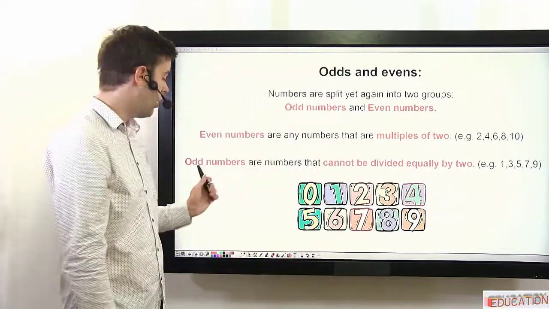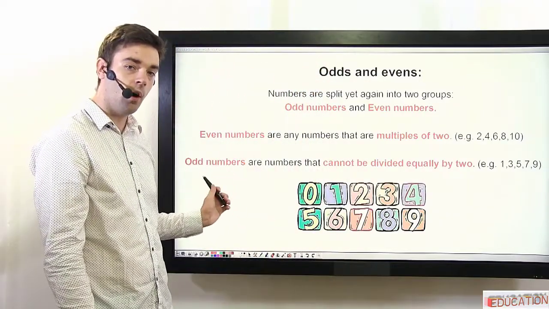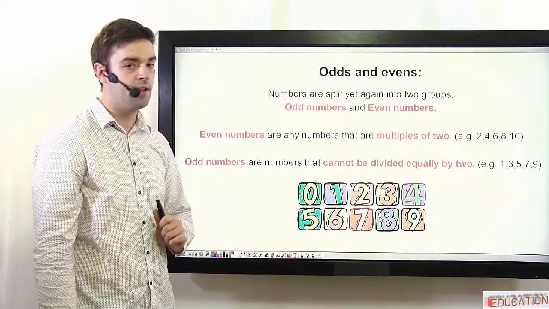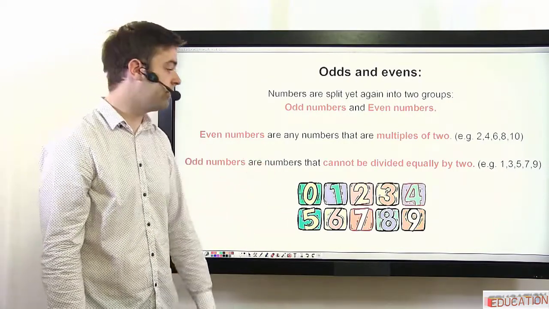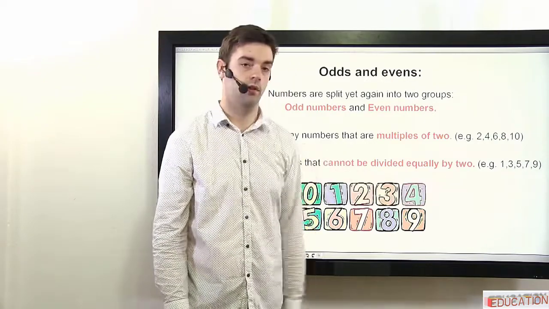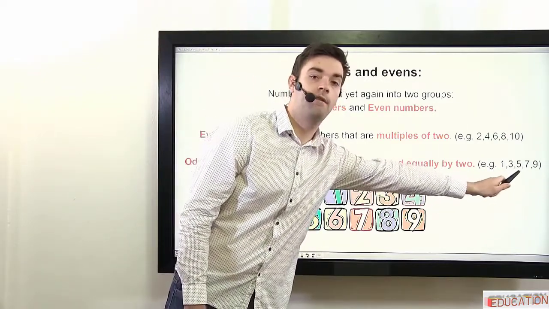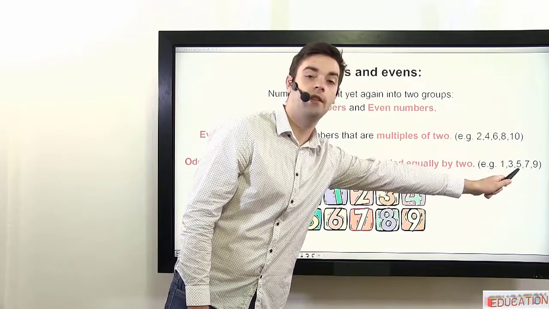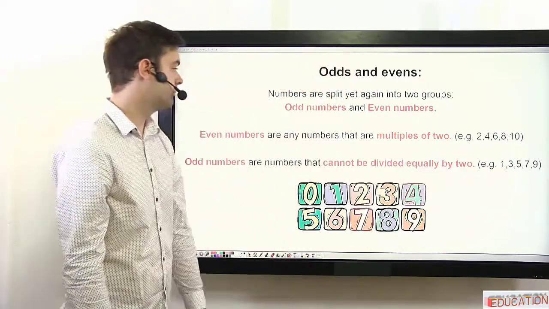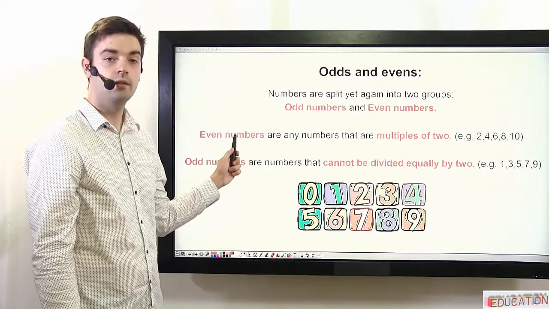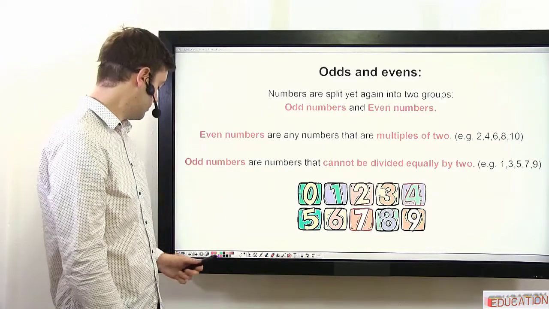And then we have the odd numbers, and these numbers cannot be divided equally by 2. And these include 1, 3, 5, 7, and 9. So we have even numbers and odd numbers.